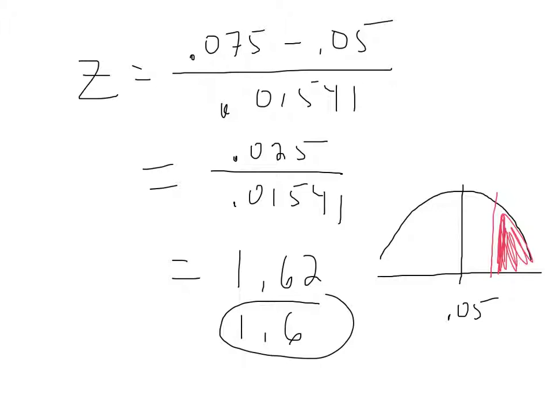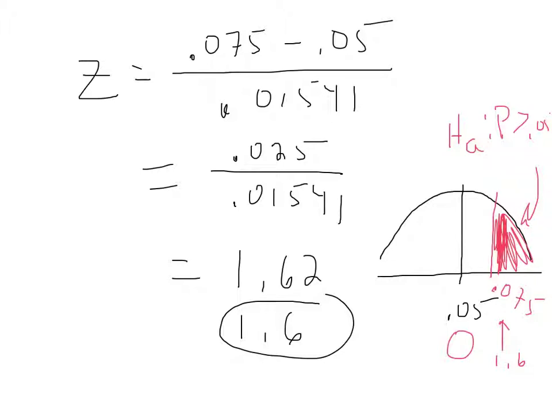So for our test result here, 0.075, remember, if the z-score is 0 in the middle, we're checking for the z-score of 1.6, and we want to find the percent to the right of it. And I know that because my HA was a greater than, right? Remember how it was greater than 0.05? So I know I'm going to be shading to the right. I'm looking for that tail area.